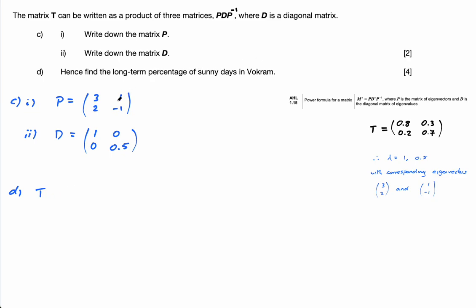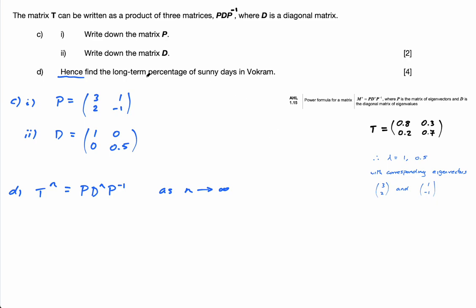So what we do is get T to the power of n, and we can write it using this formula: T to the power of n is equal to P times D to the power of n times P to the minus 1. But I want it for when n gets super big, so I'm going to write it as n approaches infinity.